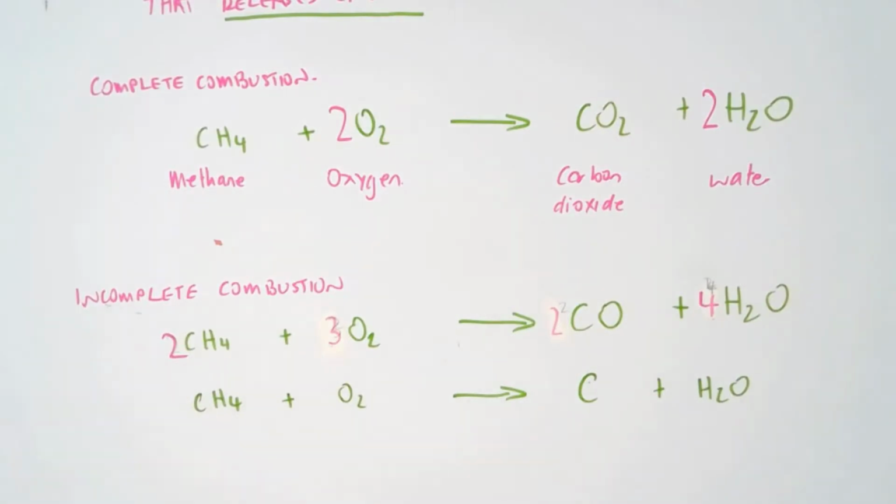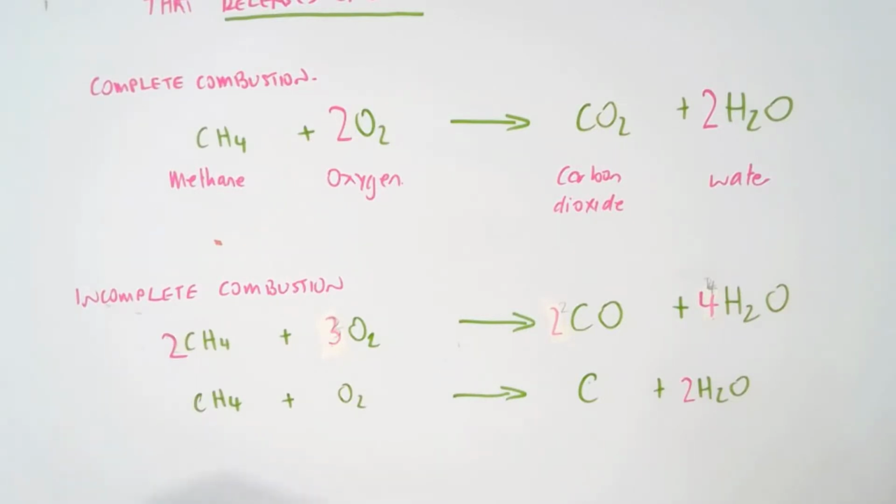Let's see if we can balance that one. Again, we've got 4 hydrogen, so we need to put a 2 here. So that gives us 2 oxygen, 1 carbon. So that's balanced. So there's actually 2 reactions that occur with incomplete combustion.